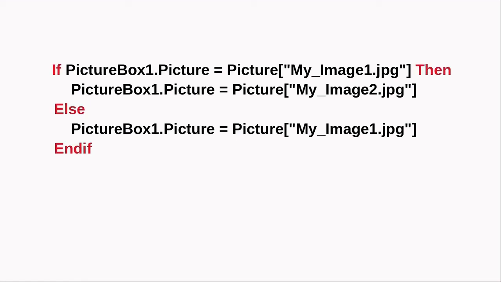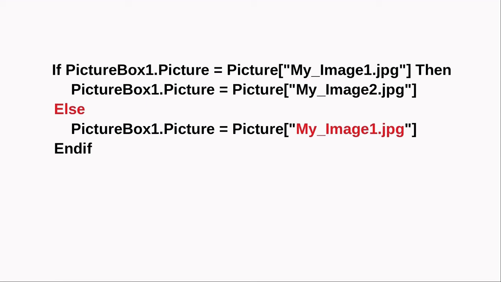Notice that the commands are nested within an if-then-else conditional statement. This code reads as, if the current image is myimage1.jpg, then set the image box control's displayed image to myimage2.jpg. Else, reset the image box control's image back to myimage1.jpg.